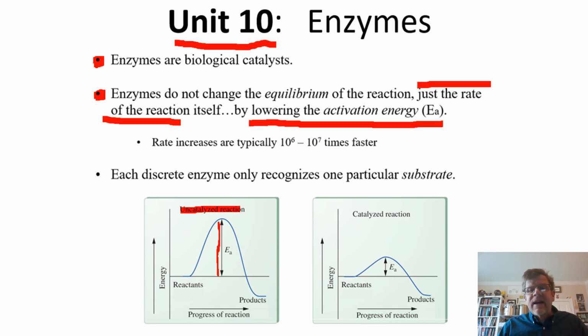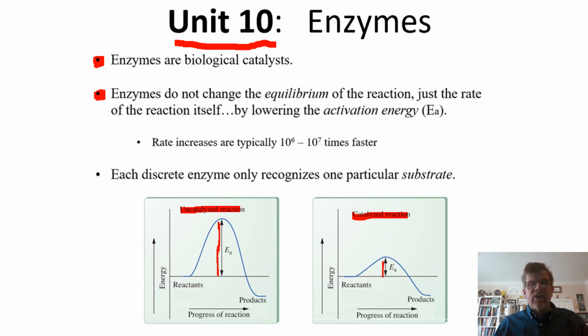But if we catalyze it, what that does is simply lower that activation energy and allow the rate of the reaction to increase. That's the only thing it does. So the talking point here is that we do not change the equilibrium of the reaction or the energy level difference between reactants and products, but rather the rate of the reaction through lowering of that activation energy.